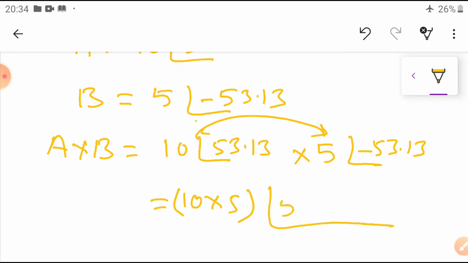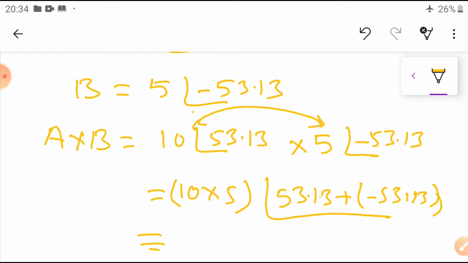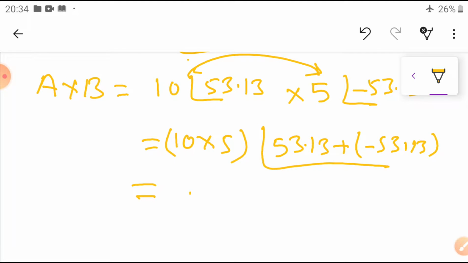The angle is 53.13 plus minus 53.13. Then what has happened? I am going to get the magnitude 10 into 5, which is 50, and this minus this is going to be 0 degrees. So this is A into B.